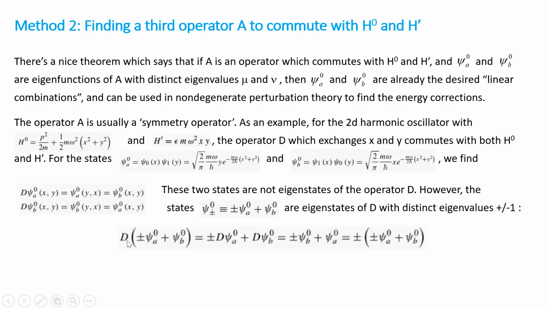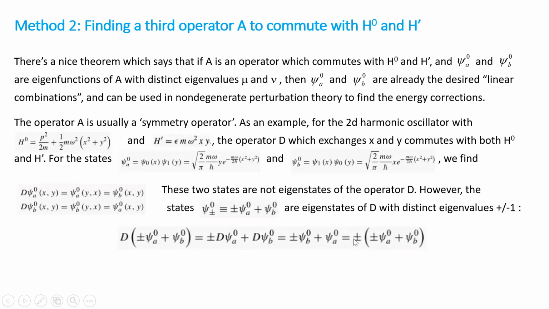So when we operate with D, D distributes in, so we get plus or minus D psi A0 plus D psi B0. We already showed that D on psi A is psi B, so this would become plus or minus psi B0, and this would become just psi A0.